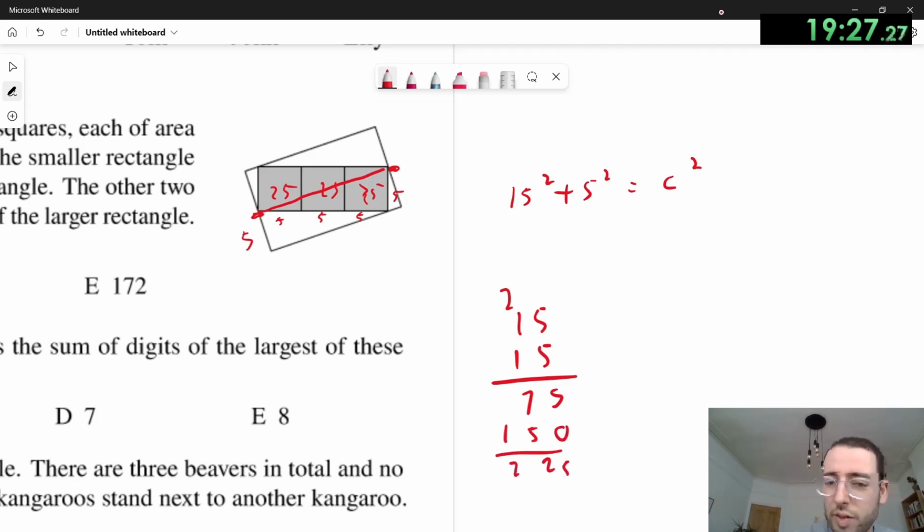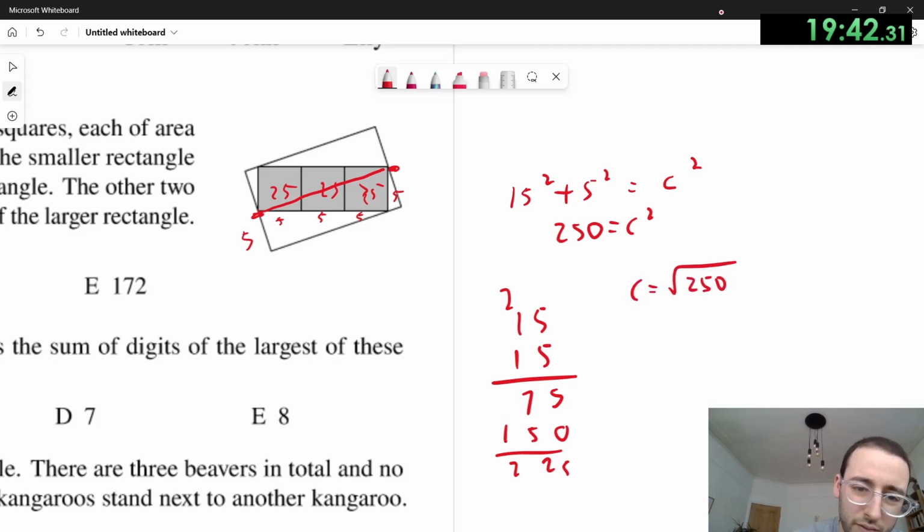Yeah, 225. So 250 equals c squared. What? So c equals root 250? Ugh, what's that about?